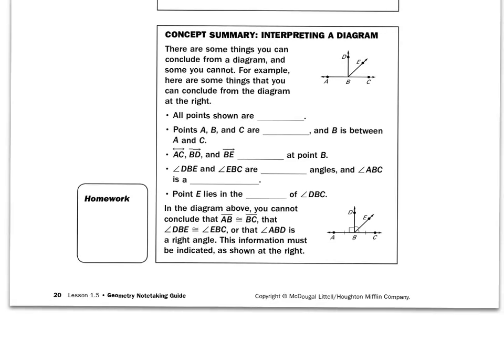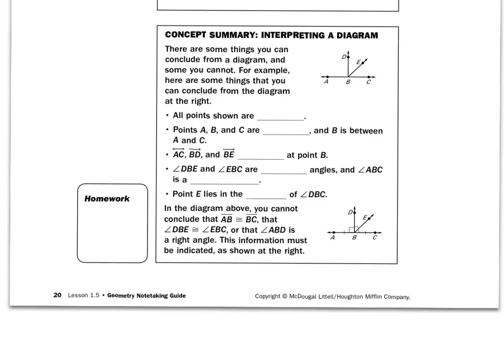Okay. Concept summary. There are some things that we can assume from this diagram and some things we can't. Let's talk about things we can't assume, because that's usually where we get in trouble. Doesn't it look like B is in the middle of A and C? Well, it may be, but we can't assume that since they didn't mark it.